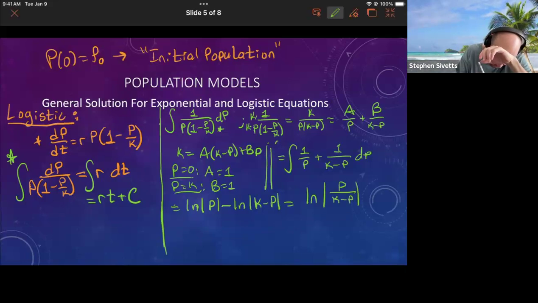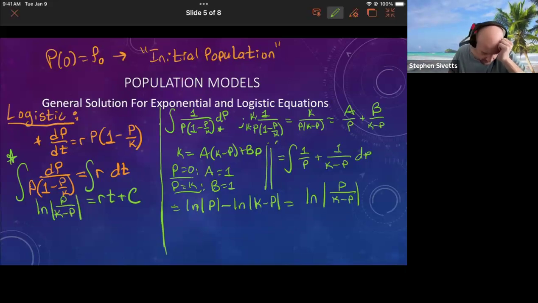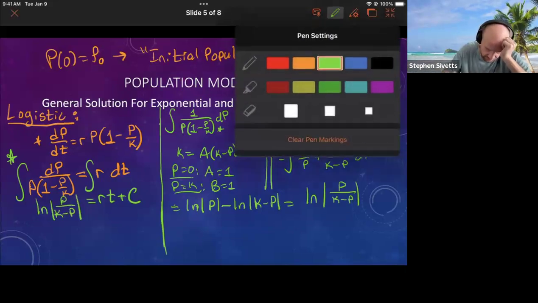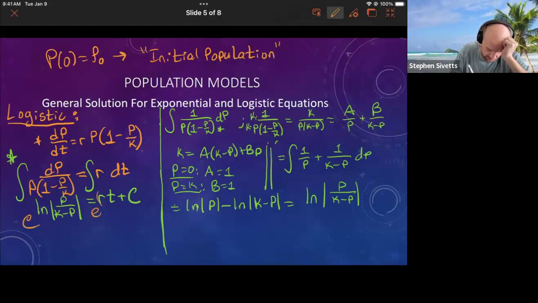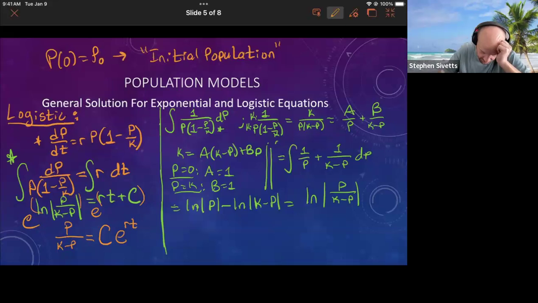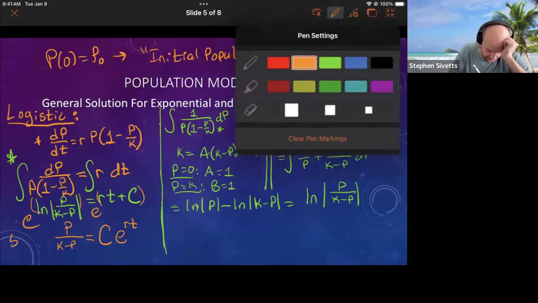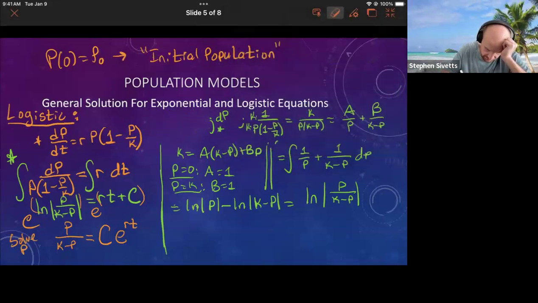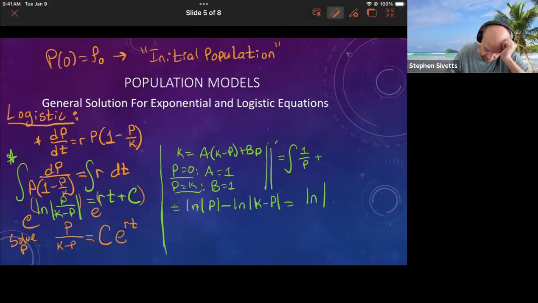So essentially this left-hand side will become ln of P over K minus P equals RT plus C. And if I take the exponential of both sides, I'll have P over K minus P is equal to another constant times e to the RT. And now from here, we just solve for P, right? So what is that going to look like? Well, let's see.